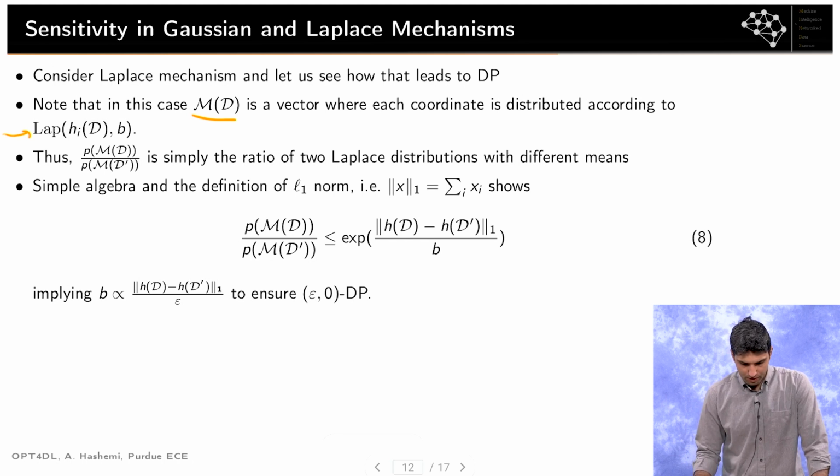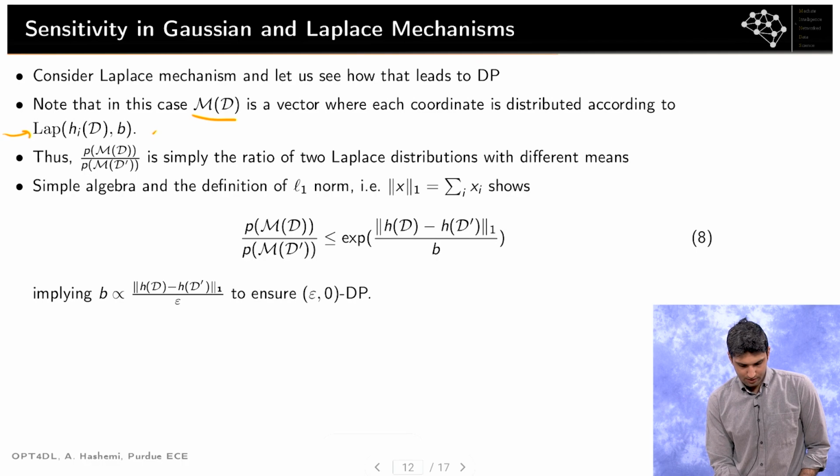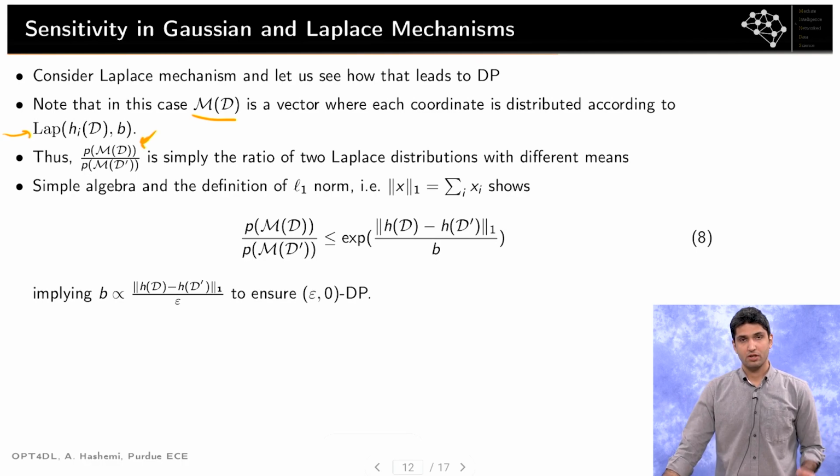Okay. So if we are interested in studying differential privacy, we have to again look at this ratio: the probability of my outcome when my original data is d over the probability of the outcome when I make a slight change in the training data. In particular, I change one data point from, let's say, x1 to x1 prime. This is exactly what we did for the randomized response case.